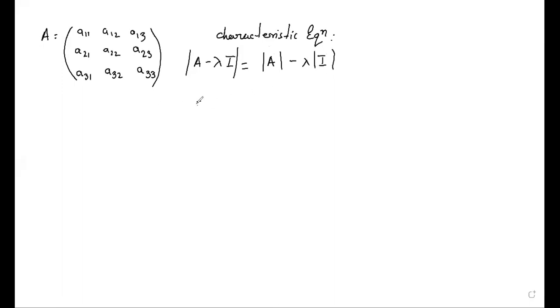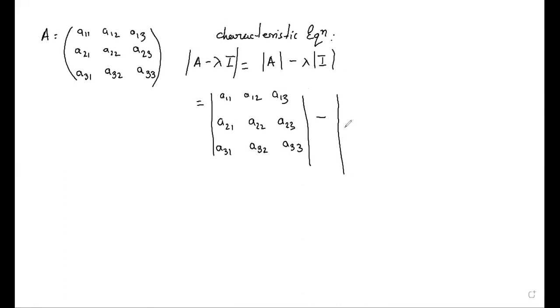See, the determinant of A means A11, A12, A13, A21, A22, A23, A31, A32, A33. This is the determinant of A minus lambda times I. What does it become? I means 1, 0, 0, so lambda is multiplied: lambda 0 0, 0 lambda 0, 0 0 lambda. Agreed, all of you? Now what will come out?